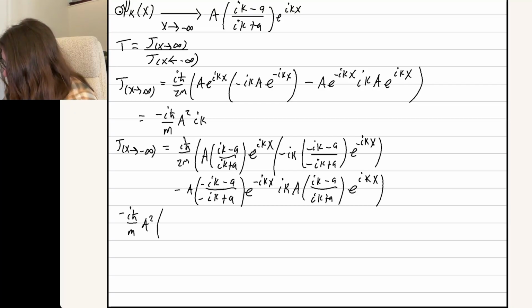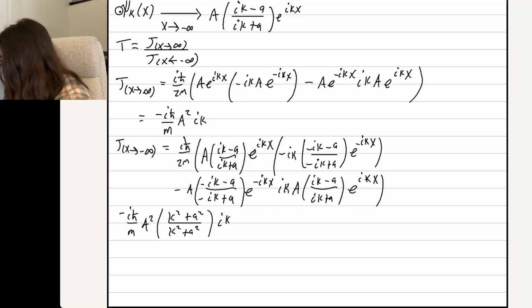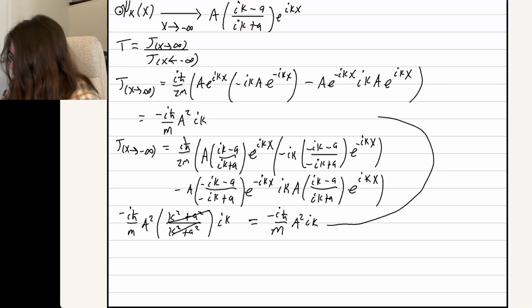So that looks like k squared plus a squared on the top, and also k squared plus a squared on the bottom. And there's also the ik term, which gets carried along. So those cancel out, and we just get minus i h bar over m A squared ik, which is the same as what we got up here, which means when we take the ratio of the two, we just get 1, which means that the reflection coefficient is 0.